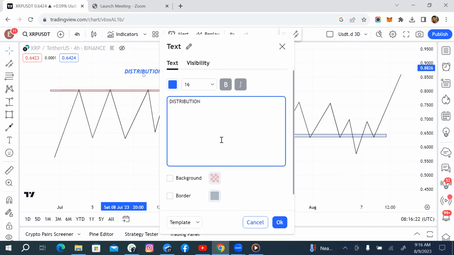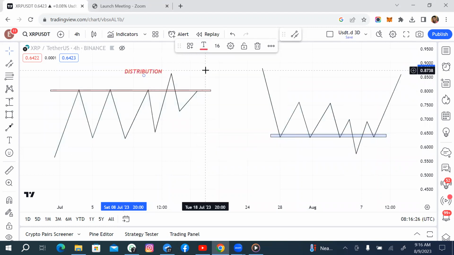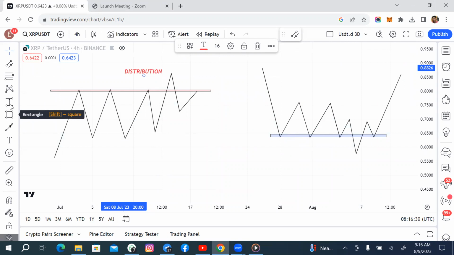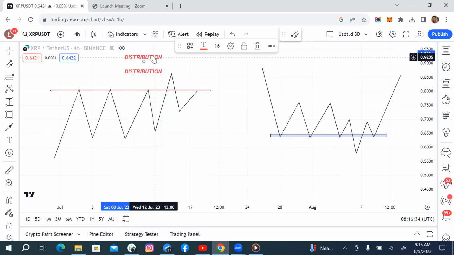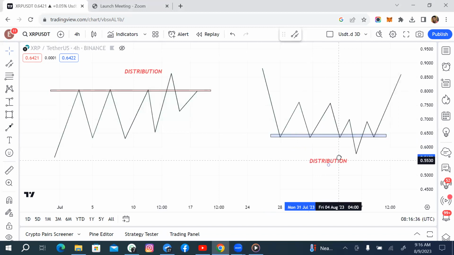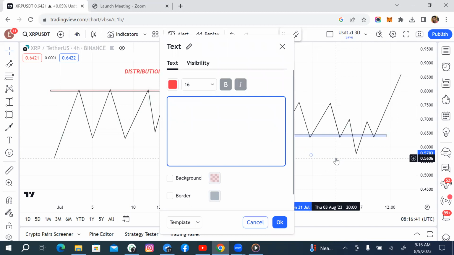Put this in red. And the other is called an accumulation.